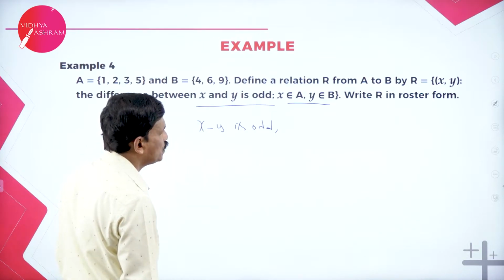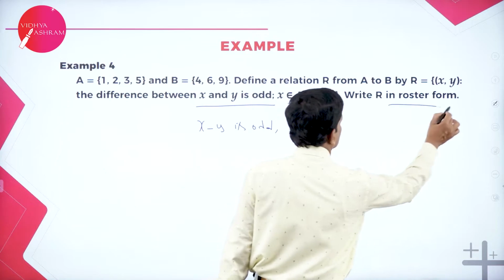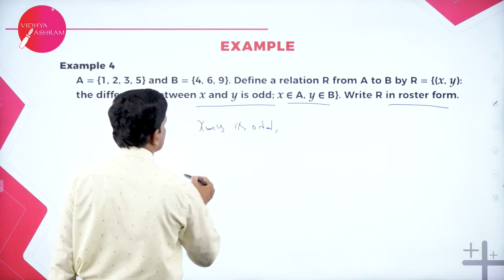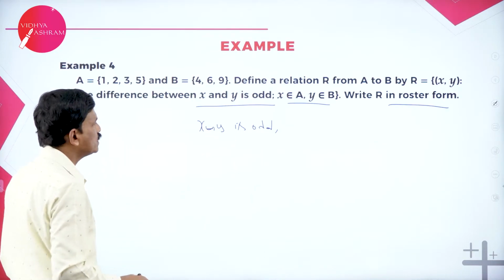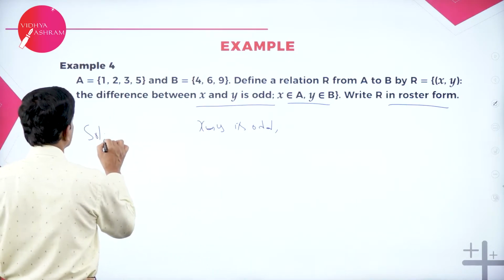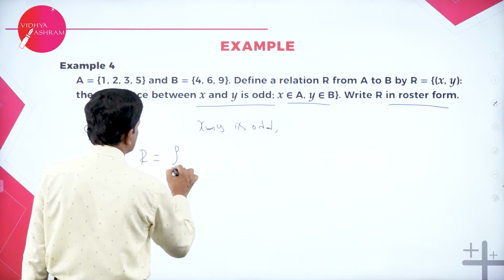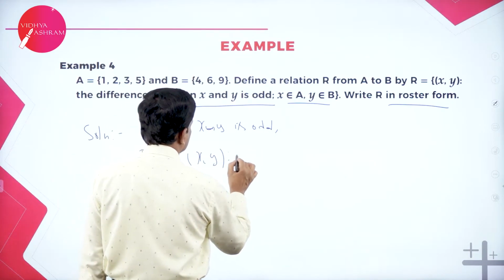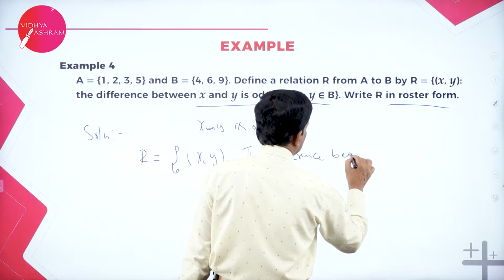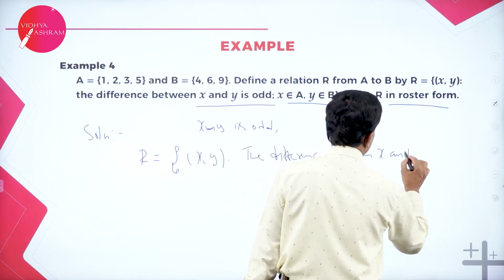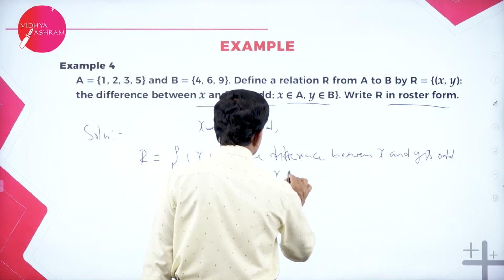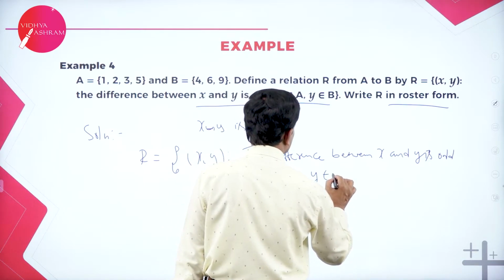Define a relation R from A to B by (x, y) such that the difference between x and y is an odd number, where x belongs to A and y belongs to B. So we can write the relation R is equal to {(x, y) such that the difference between x and y is odd, where x belongs to A and y belongs to B}.